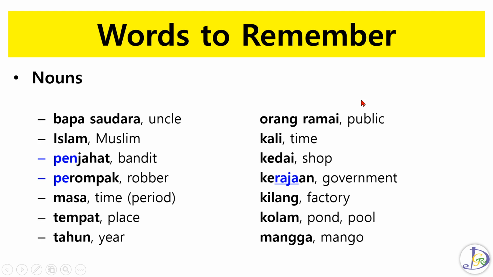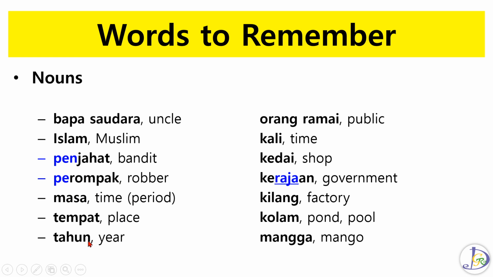Words to remember. Nouns. Bapa saudara, uncle. Bapa means father, saudara, relative. Islam, Islam religion. Penjahat, bandit. Jahat means bad or evil. Perompak, robber. Rompak, rob. Masa, time, period.